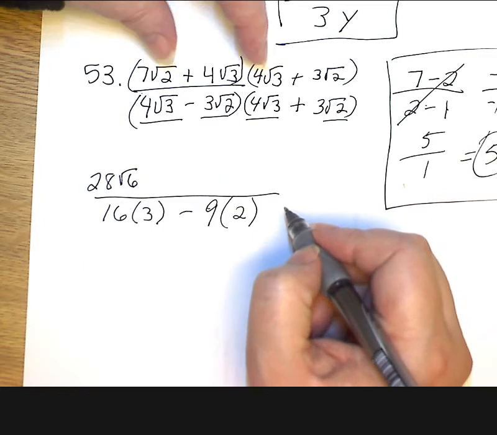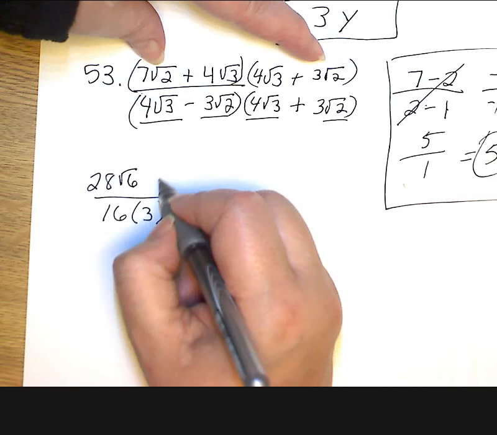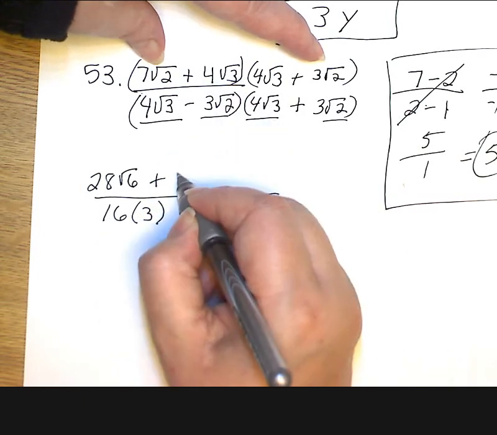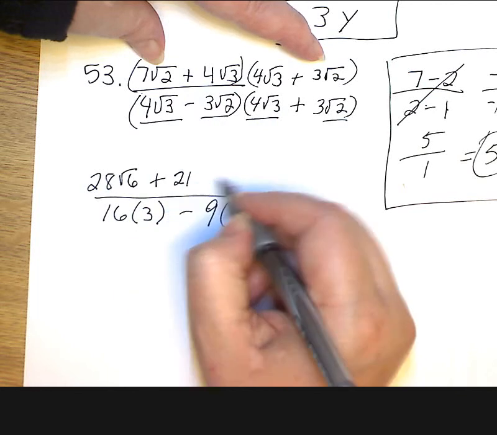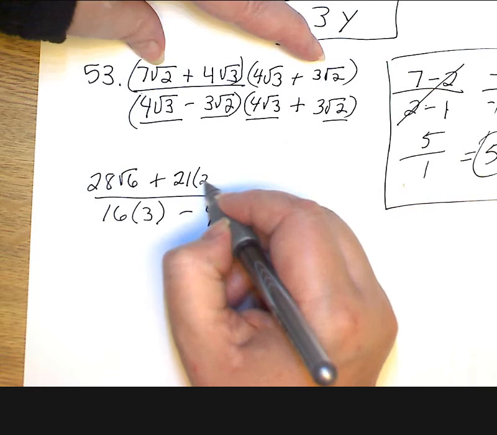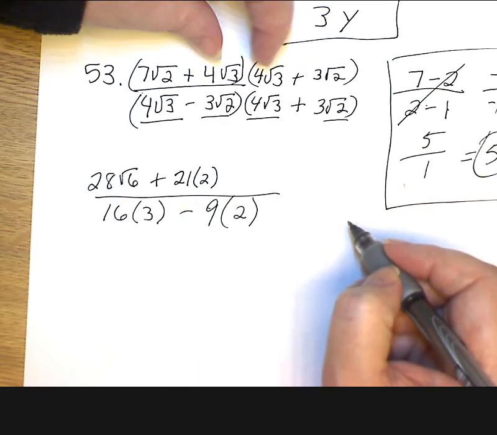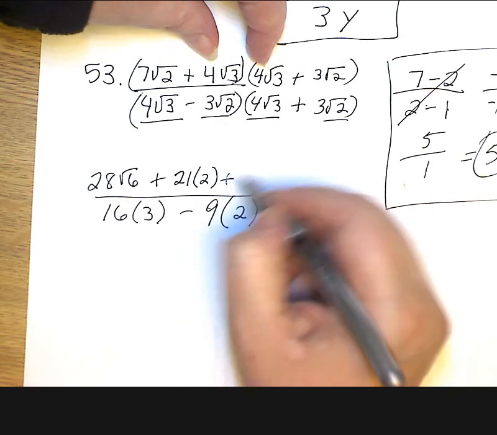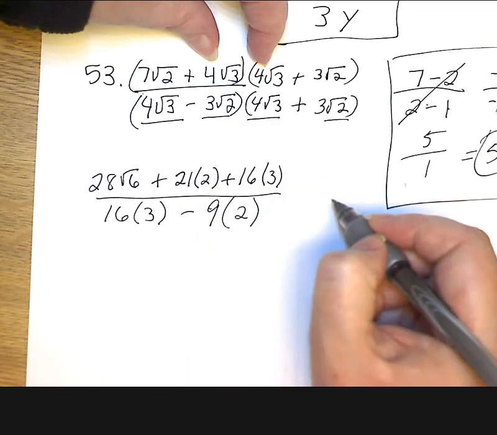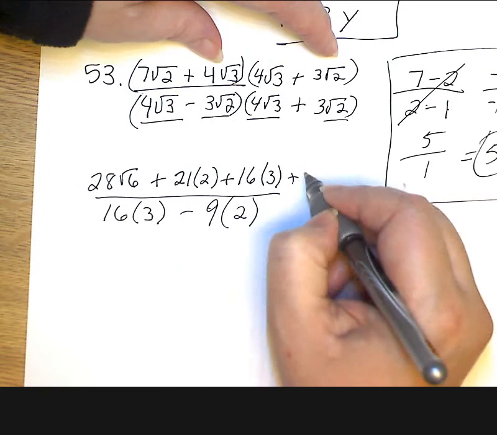So you have first, outer, which is my 7 and 3, is 21. Square root of 2 times square root of 2 is 2. Inner, we have 4 and 4 is 16 times 3. Outer is 12 square roots of 6.